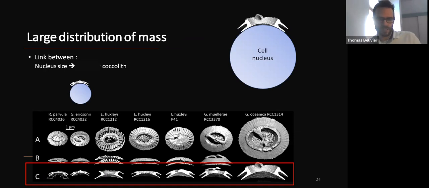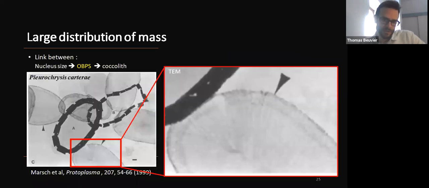And the other thing is that the coccolith is not in direct contact with the nucleus. There is an intermediate, which is called the organic base plate scale, shown here in yellow. It's an organic support. In the literature, some researchers report the existence of this organic base plate, notably for this species, Pleurochrysis carterae.